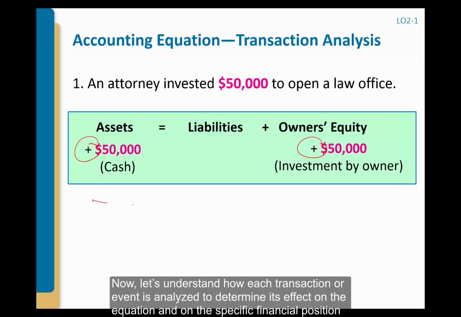Now, if we draw T accounts on these, we would have $50,000 is a debit to an asset, right? And then $50,000 is a credit. And again, our debits equal our credits. And so this would be our assets, and this would be our owner's equity.